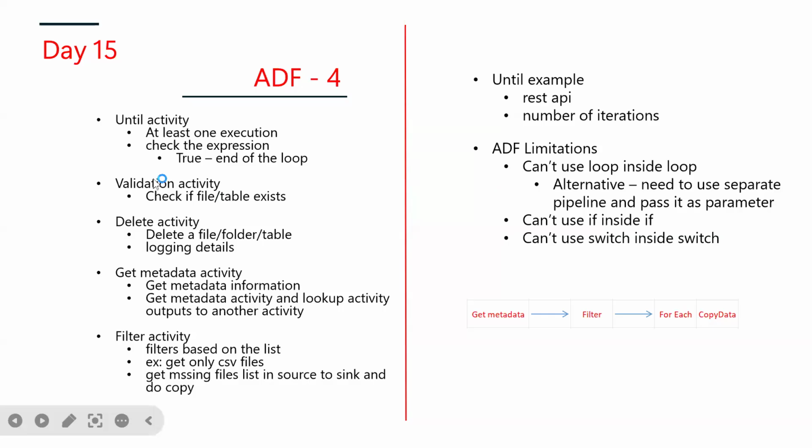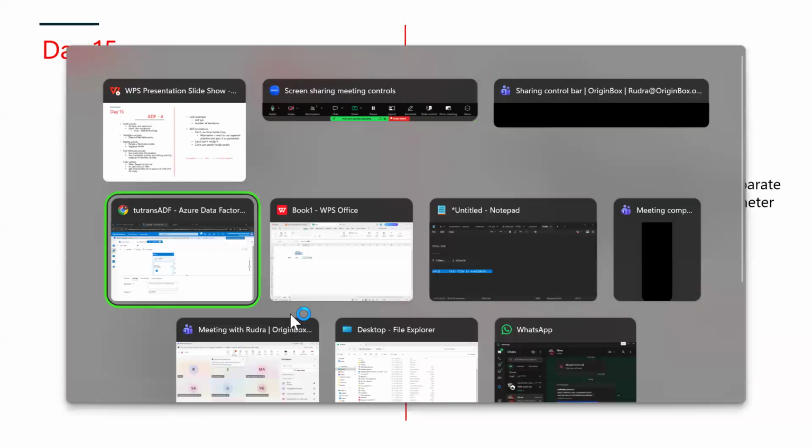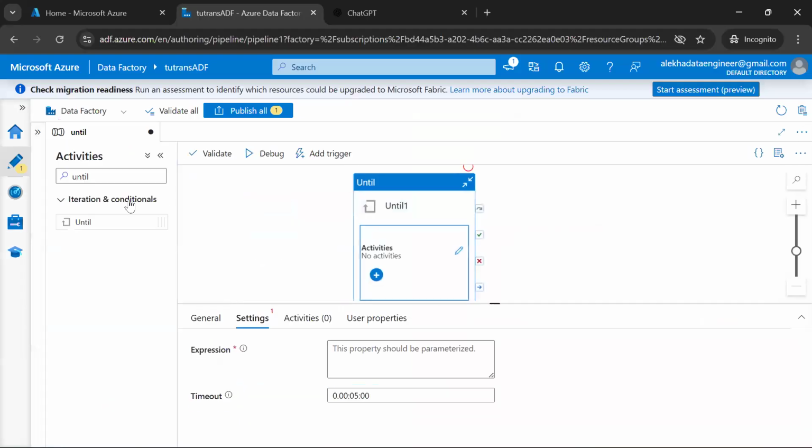If the file exists, then I want to copy from one location to another, from file to table. Before performing anything, I want to check whether the file exists or not. Not a table, only a file. That can easily be done by using this validation activity.